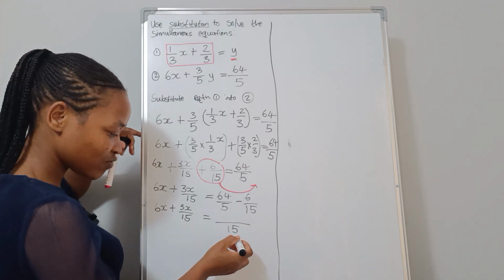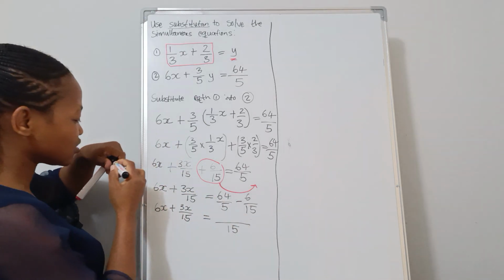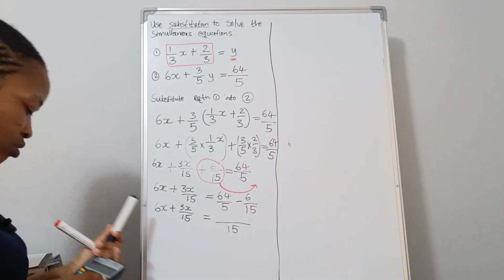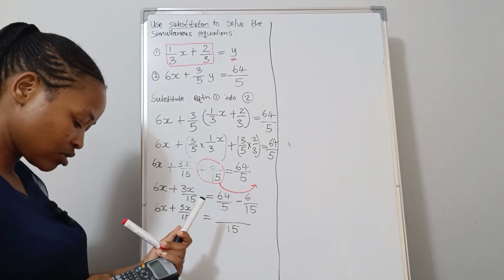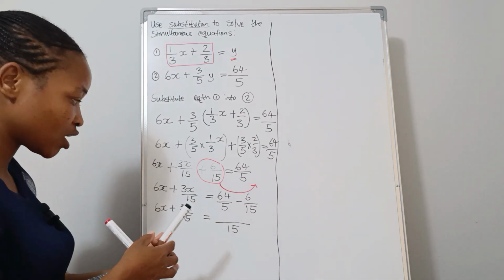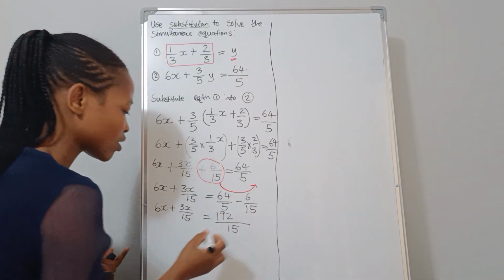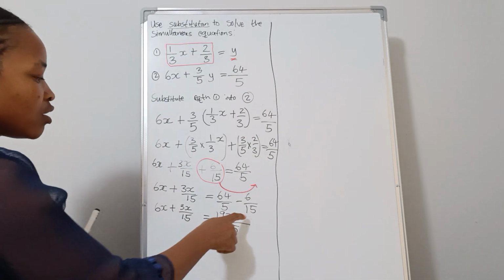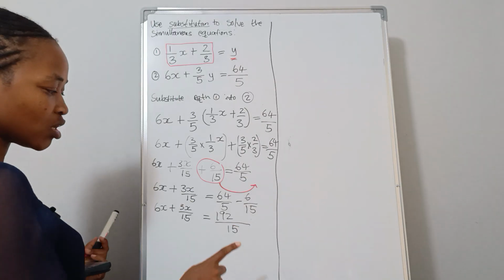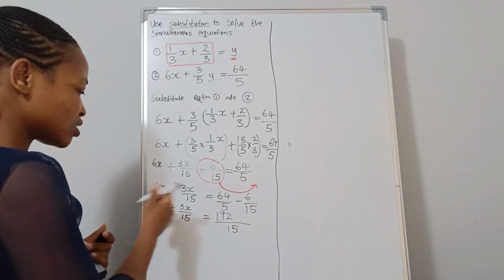So 5 into 15 is 3. 3 times 64, that's 192. And then 15 into 15, that's 1. 1 times 6, that's 6.